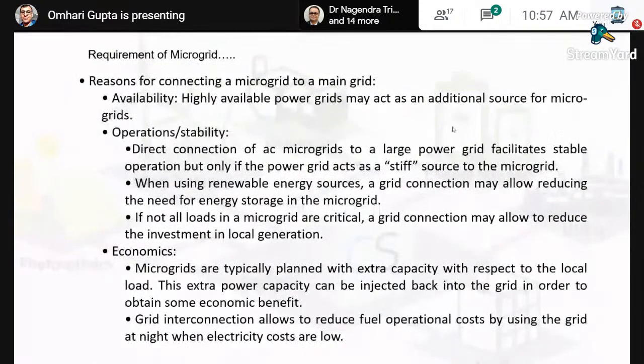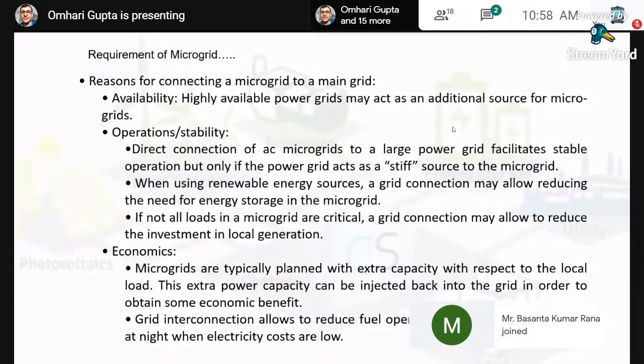And then economics. Obviously, economically you will have several advantages or benefits. Microgrids are typically planned with extra capacity with respect to the local load. This extra power capacity you can inject back to the grid and you can earn something. So it comes with economic advantages as well. Grid interconnection allows reducing fuel operation costs by using the grid at night when electricity costs are low.